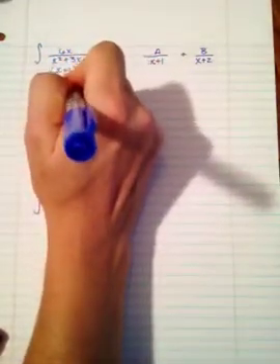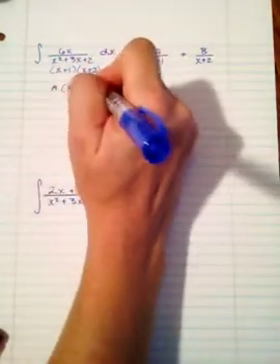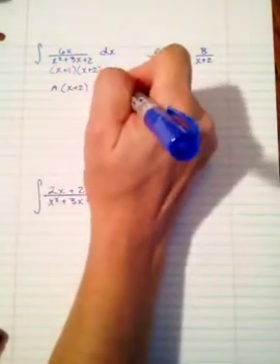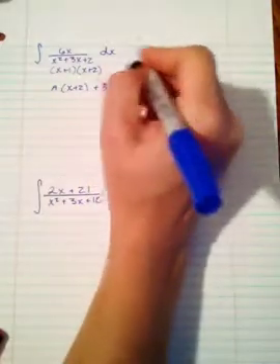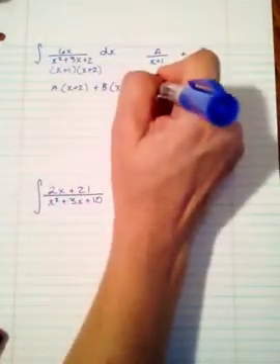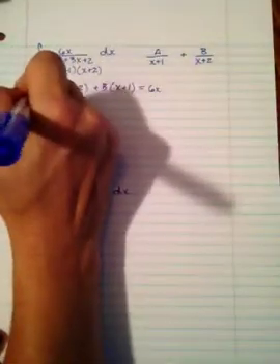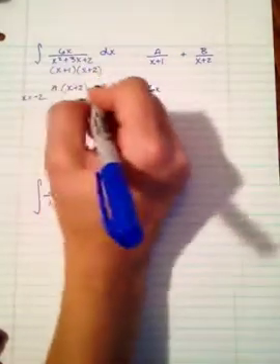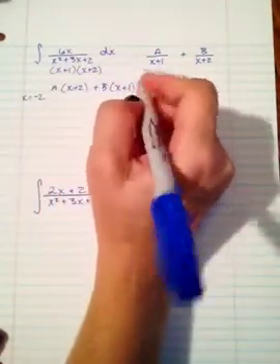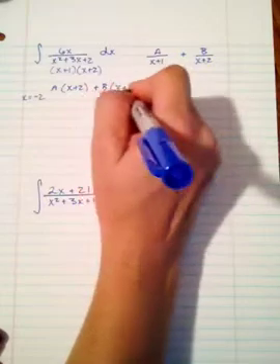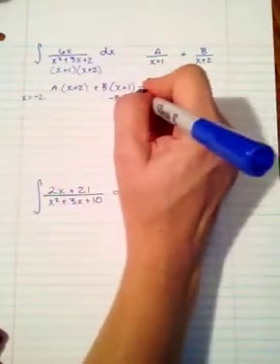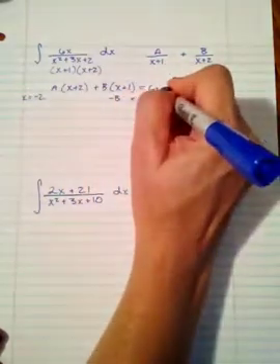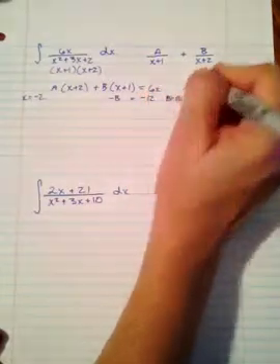So a times x plus 2 plus b times x plus 1 equals my actual numerator of 6x. I pick my two values to plug in. So I'm going to choose x equals -2 to make this term 0, and that means this is 0, -2 plus 1 is -1, so -b equals 6 times -2 is -12, so I know b equals 12.